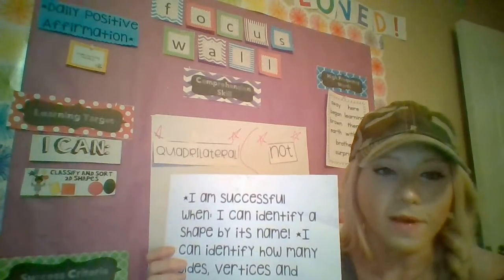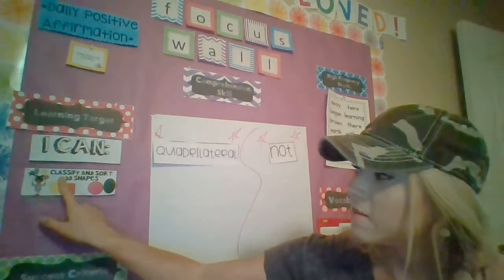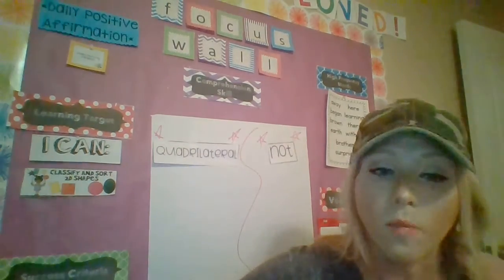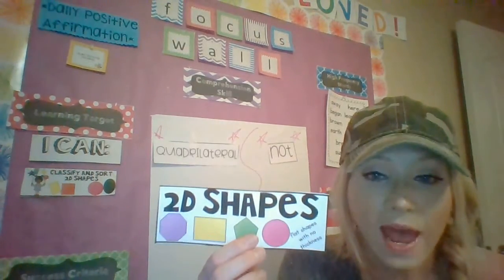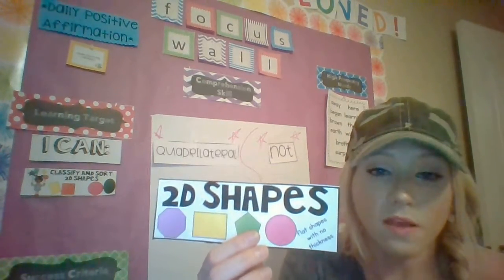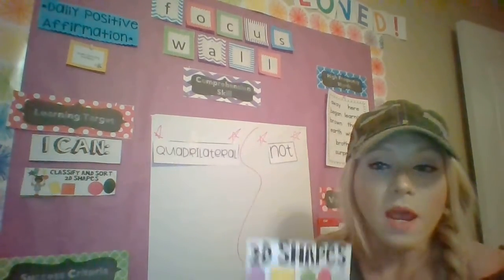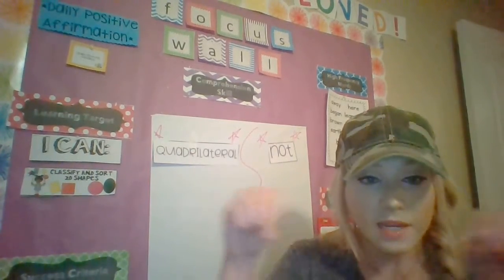And we're going to talk more about our goal right now. Our goal is to be able to classify and sort 2D shapes. Well, we already know that 2D shapes are any shapes that are flat and not thick, so not 3D. So we know what 2D shapes are. Now we're going to be classifying and sorting them.